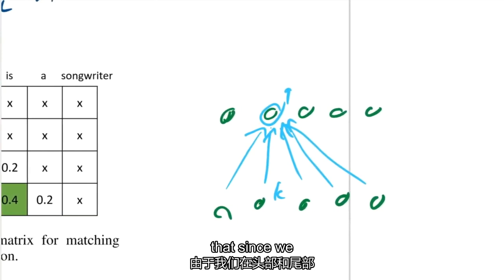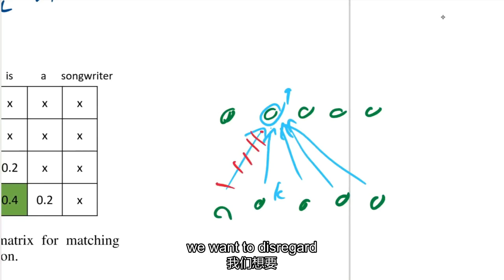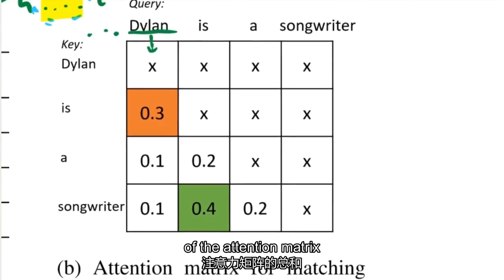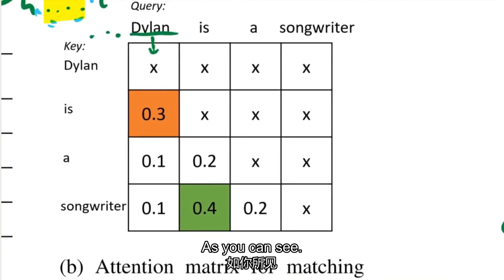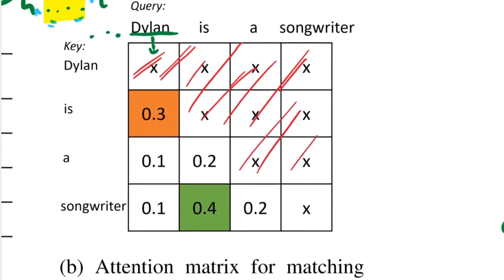Since we locate things between the head and the tail, we want to disregard everything that's behind the query and only look ahead in the sentence. So that's why the sum of the attention matrix here is crossed out. As you can see, these are the x's. This is exactly because we only search in one direction.